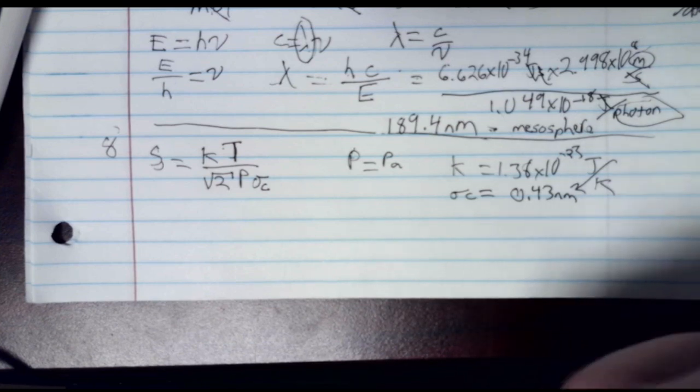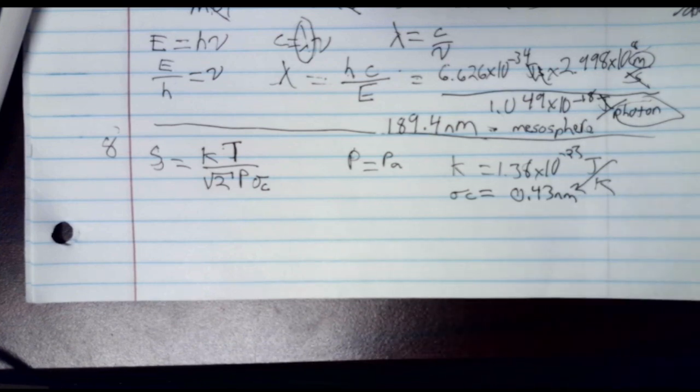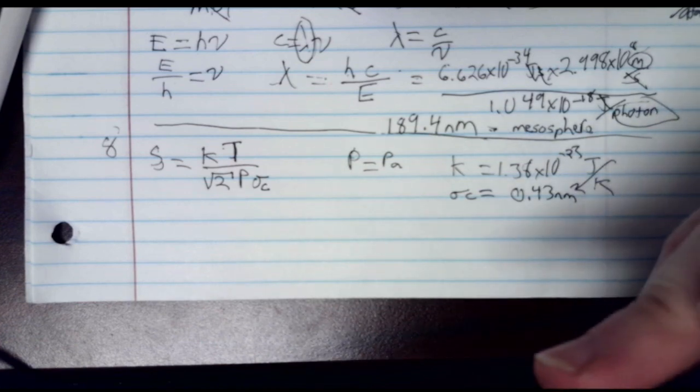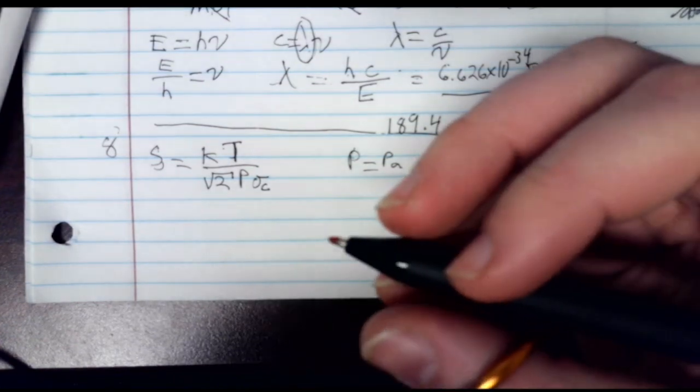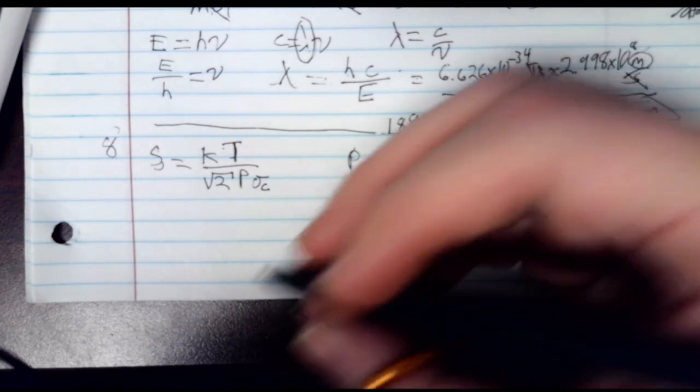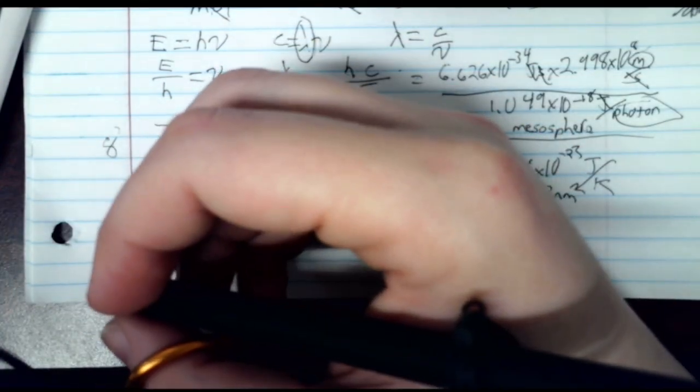Oh yeah, it's at the Earth's surface and the stratopause. So we're just doing it at 2 pressures and temperatures. Everything else is more or less constant. So at the Earth's surface, we're saying 1 atm, which is the equivalent of 101.325 pascals.